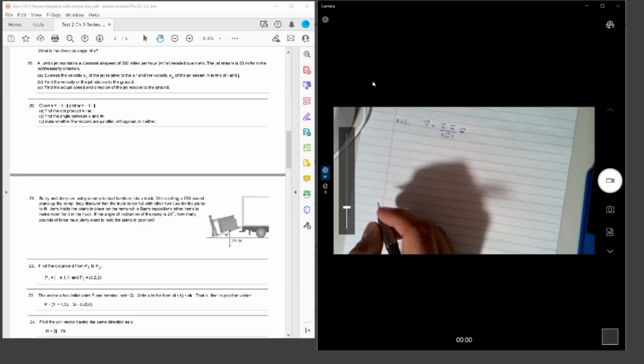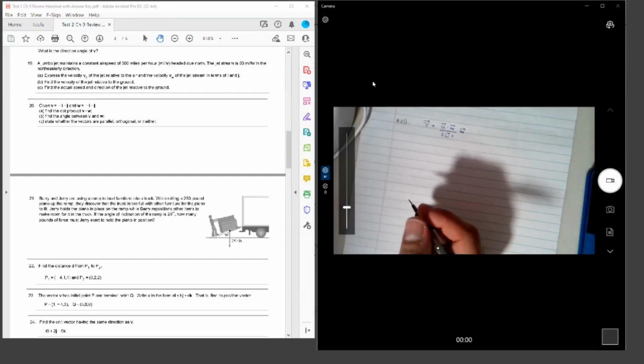Jerry holds the piano in place on the ramp while Barry positions other items to make room for this piano in the truck. So there is an angle of inclination. The ramp is 20 degrees. How many pounds of force must Jerry exert to hold the piano in position?